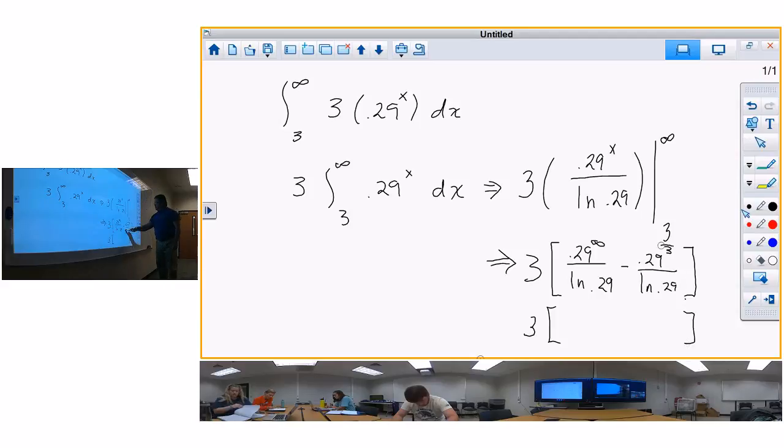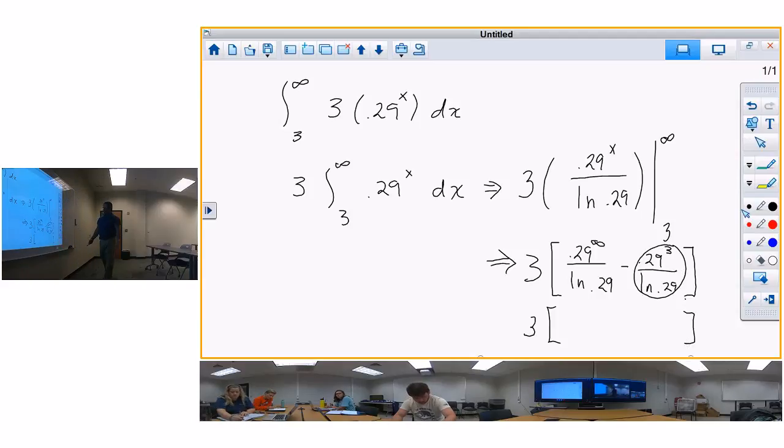What's this second one going to go to? It's going to go to a number, isn't it? Yes or no? Yes. It's going to go to a number, so I'm just going to put a number sign there.